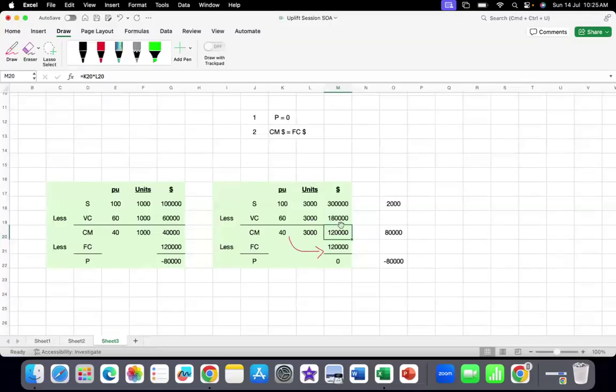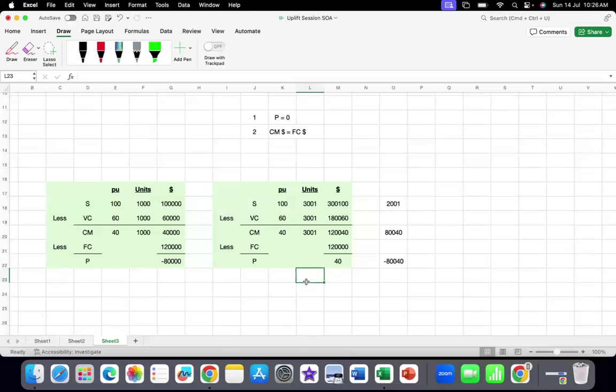So the moment you sell 1 unit above your break-even point, you start earning profit. So if I sell 3001 units, I would be making my first profit, and that first profit would be equal to my per unit contribution margin. So the moment I make 1 unit above my break-even point, my profit is always equal to my contribution margin.